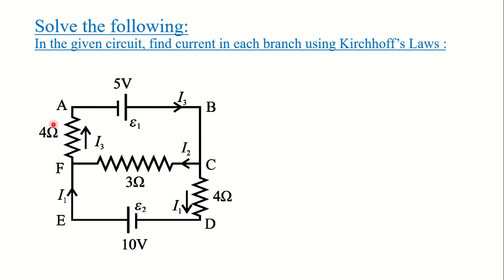There is a resistor of 4 ohms through which a current I3 is passing, another resistor of 3 ohms through which current I2 is passing, and another resistor of 4 ohms through which current I1 is moving. Now we will try to solve this.